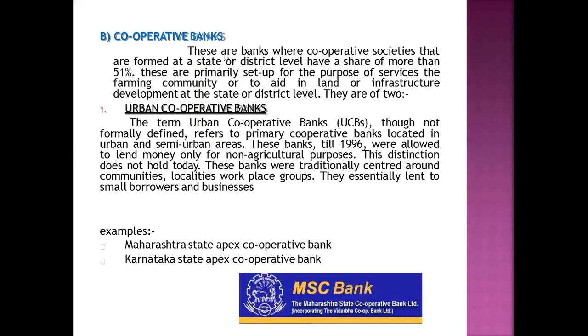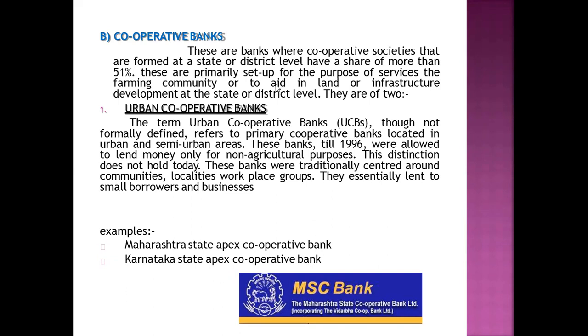The next is cooperative banks. These are banks where cooperative societies are formed at the state or district level. These kinds of banks operate at the state or district level and have a share of more than 50%, basically 51%.